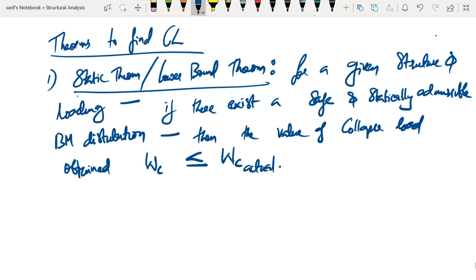So whatever collapse load we find out using the static theorem or the lower bound theorem will always be less than or equal to the actual collapse load.